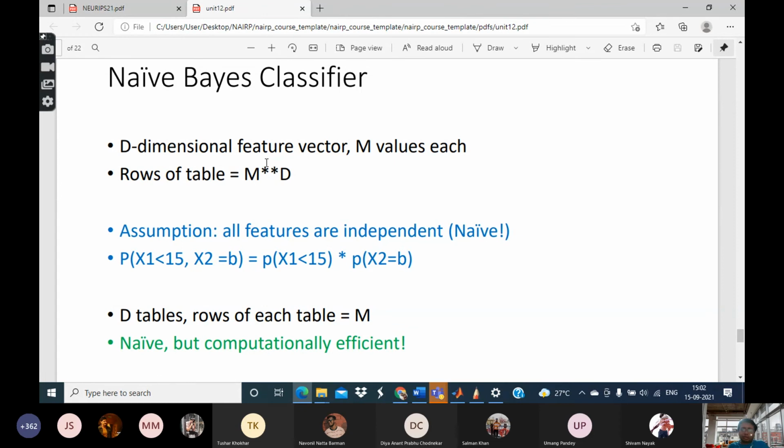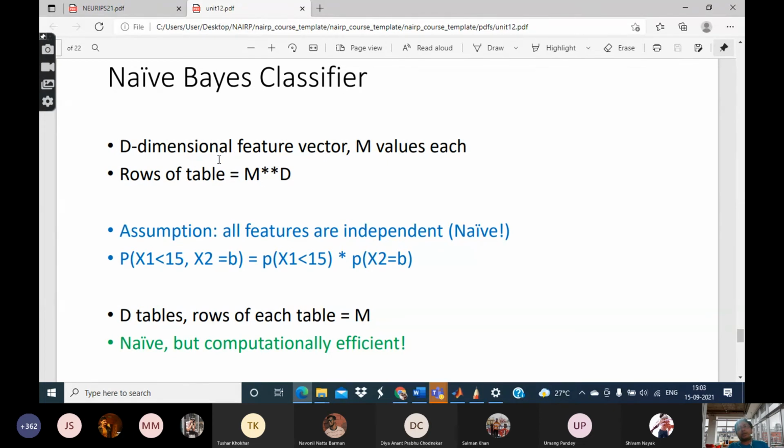Clearly that's a very large number as m and d increase. Even if m is equal to 2, suppose you are able to binarize all the features, as the number of features d increases, it will become 2 to the power 3, 2 to the power 4, 2 to the power 8, 2 to the power 10, 2 to the power 12.